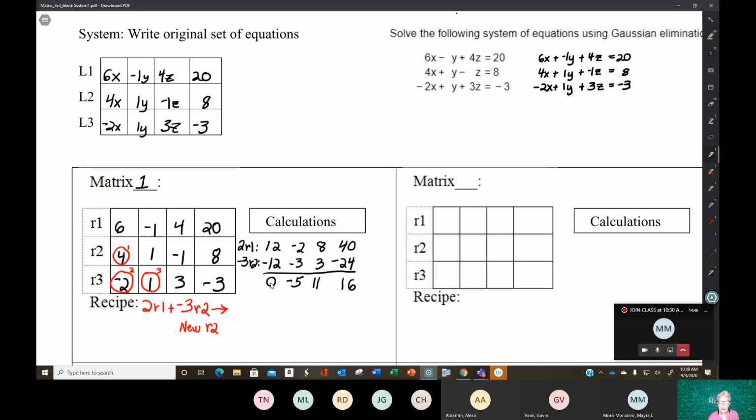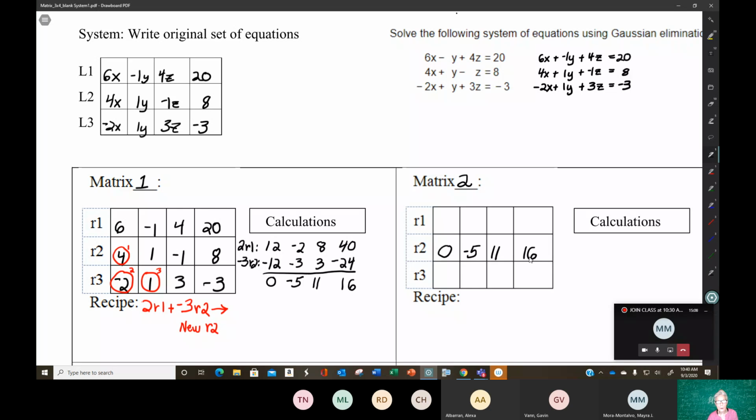So now this is my new row 2. And I'm going to put it in over here. I'm going to let this be matrix 2. So row 2 will be 0, -5, 11, and 16.